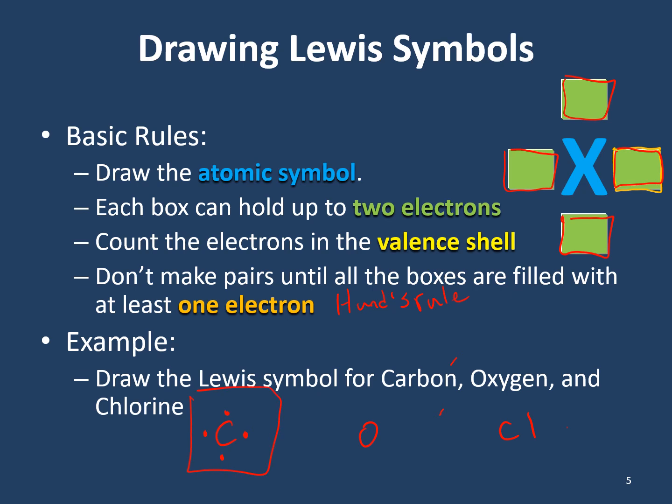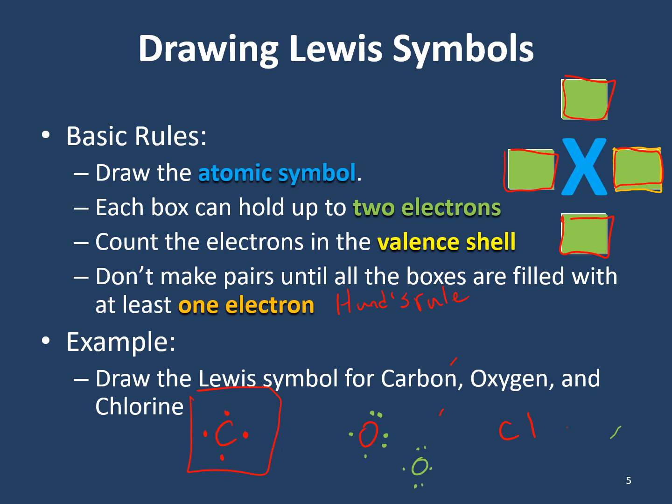Now oxygen has 6 valence electrons. When I draw my electrons around it, it doesn't really matter where you start. You can start anywhere you want. I've used up 4, and I have 2 more to go. So here is an acceptable Lewis symbol of oxygen. Oxygen actually has a number of different acceptable Lewis symbols. I could have drawn it like this too, which is also totally acceptable.